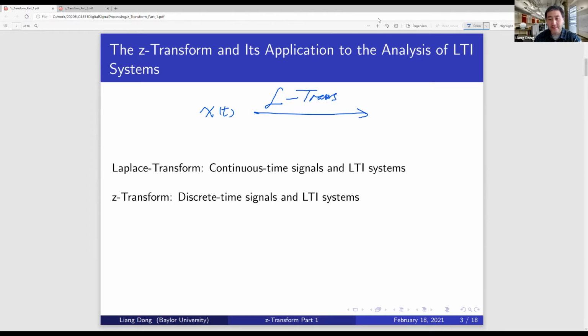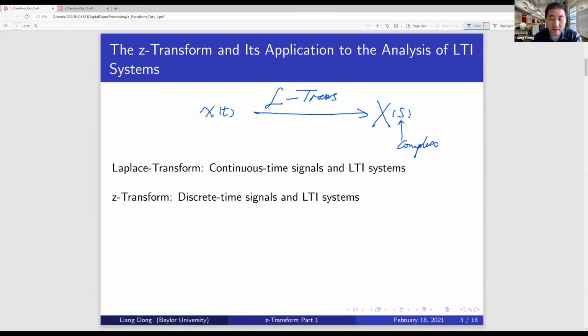What do you get here? You will also have a function, capital X. What's the variable that you used? You're using the variable s, right? Yes, it is X(s). So s is the Laplace domain. That's also a variable in the complex domain, right? It's a complex number as well.